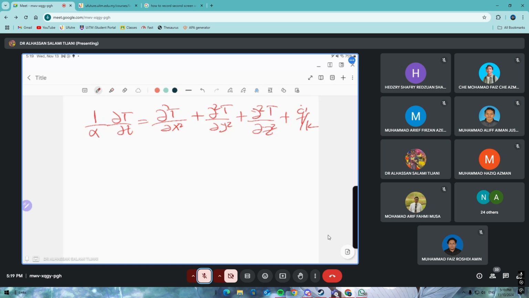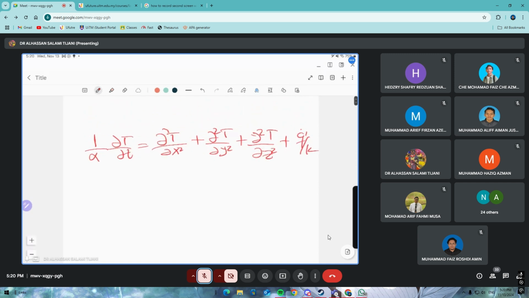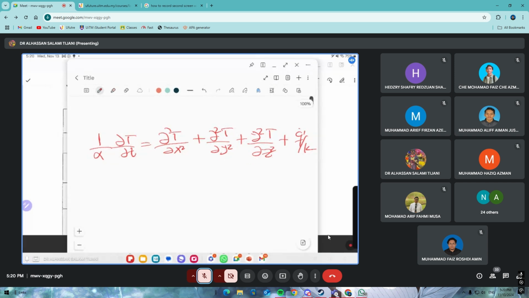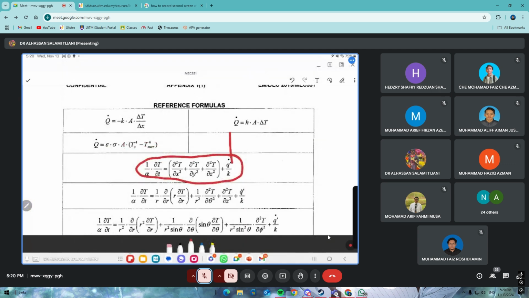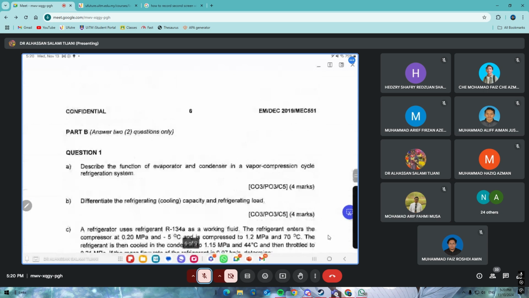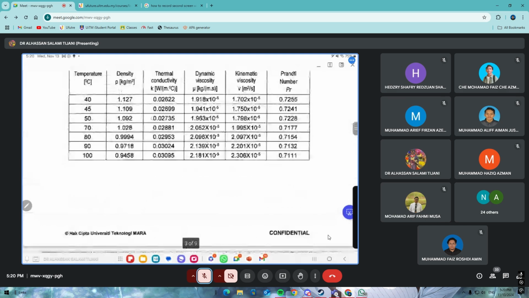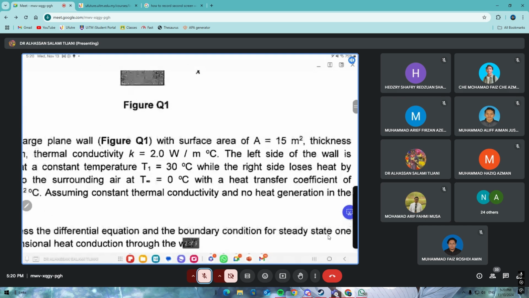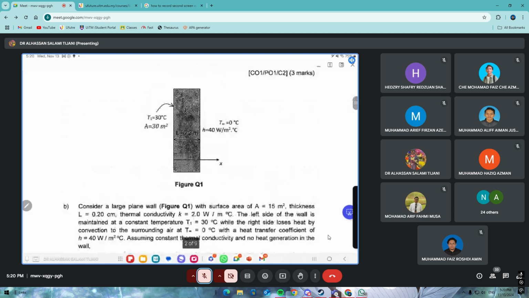Okay, so based on the question now, let's go back. Okay, so this is our geometry.